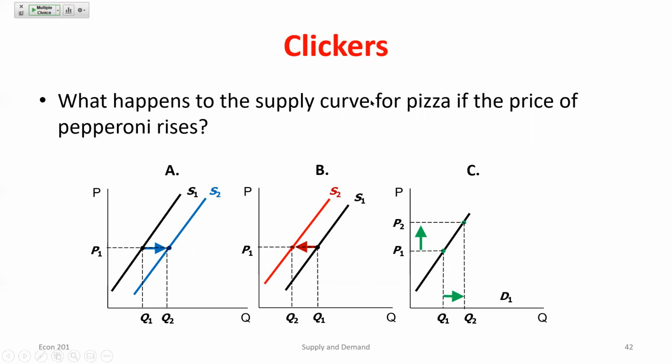What happens to the supply curve for that pizza if the price of pepperonis increases? Here we can think about pepperonis as an input, and we're seeing an increase in input prices. That input I need to produce my product is going to see a price increase. What's that going to do to the supply curve for my product?